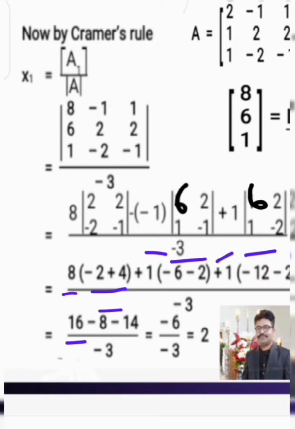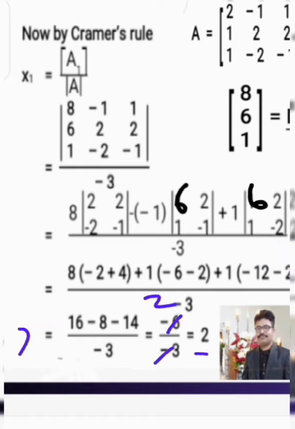Minus 14 multiplied with 1, I have written minus 14 here. Divided by minus 3 is written here. The value of x1 is 2. The formula of x1 is determinant of A1 divided by determinant of A.